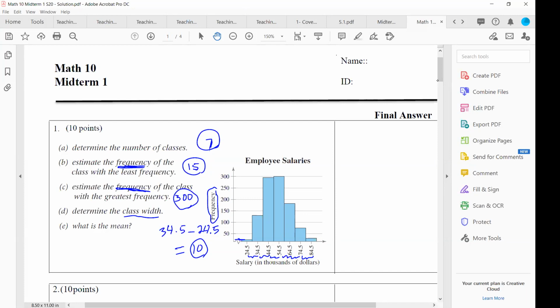Part E says, what is the mean? The mean of your collection, very good. So we know that the mean or balancing point or the center is a number in the middle of your horizontal line.